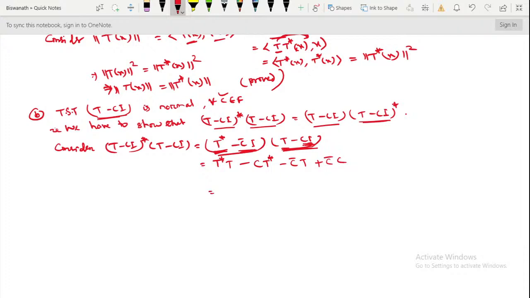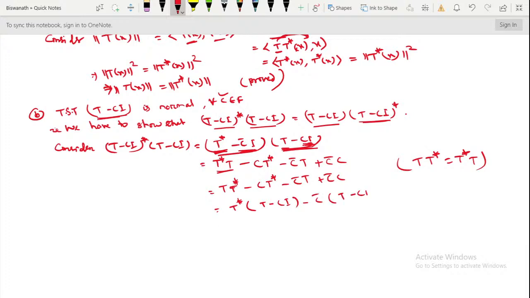Since T is normal, given that T is normal, T*T equals TT*. So in place of T*T, I can write TT* minus cT* minus c bar T plus c bar c. If you take T* common here, this will be T minus cI, and if we take c bar common here, this will be T minus cI.